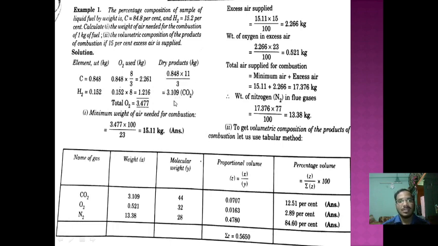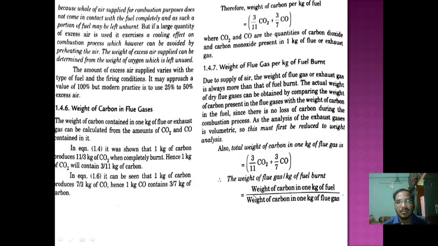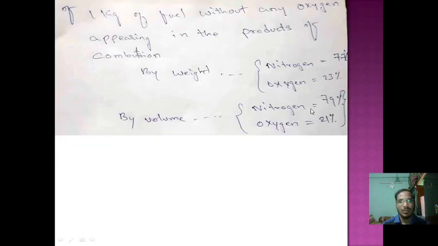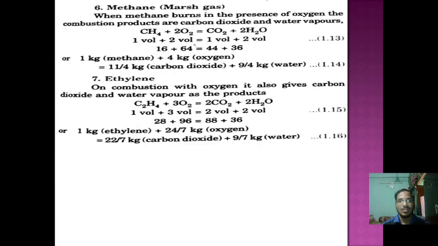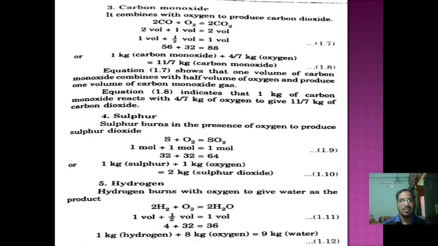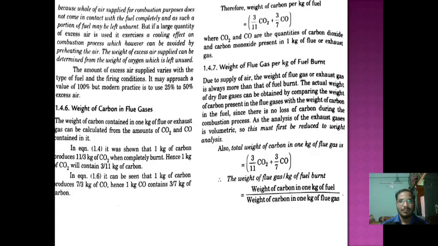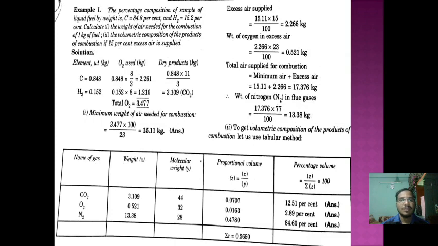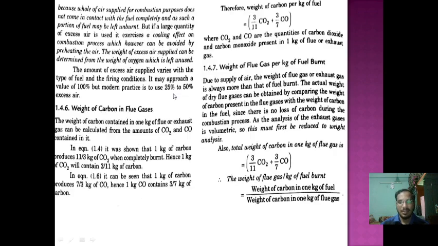Dry products in kg: how much will the dry products be? Dry products per kg of fuel is the weight of carbon in 1 kg of fuel times 11/3 kg.